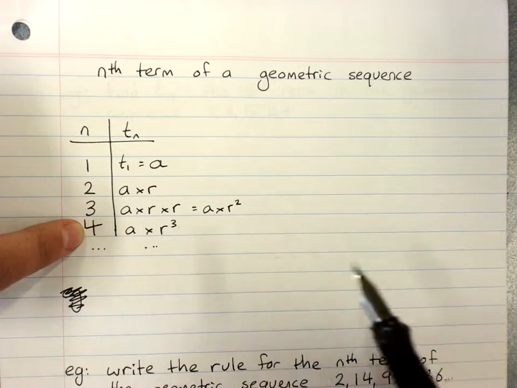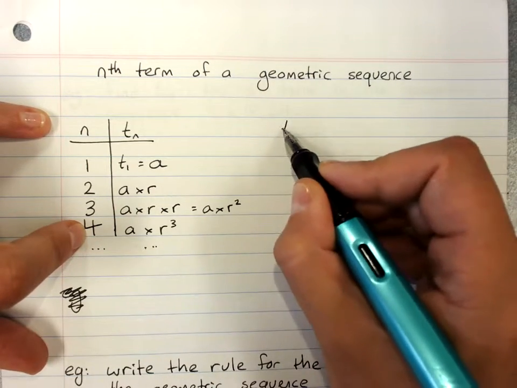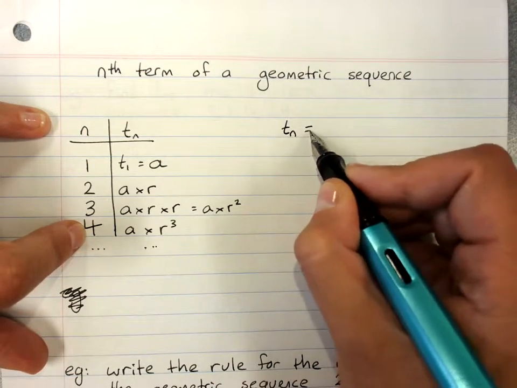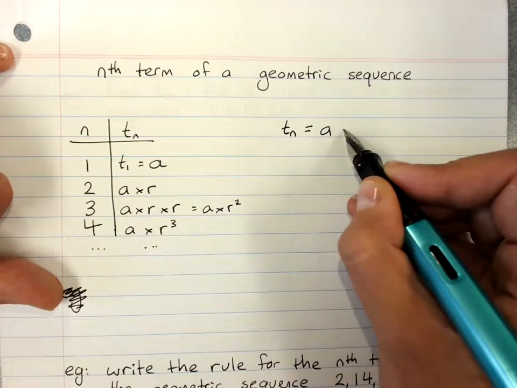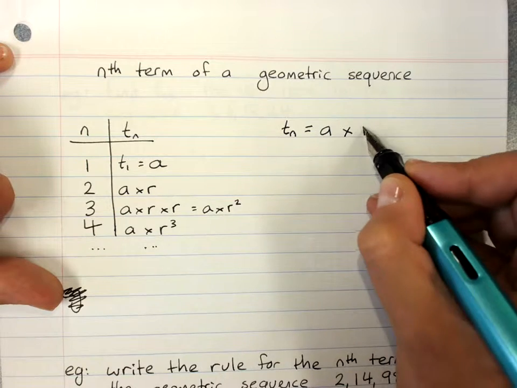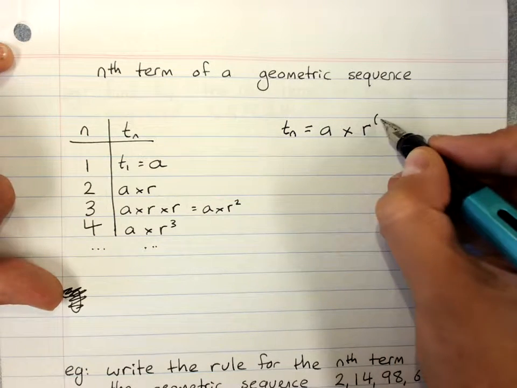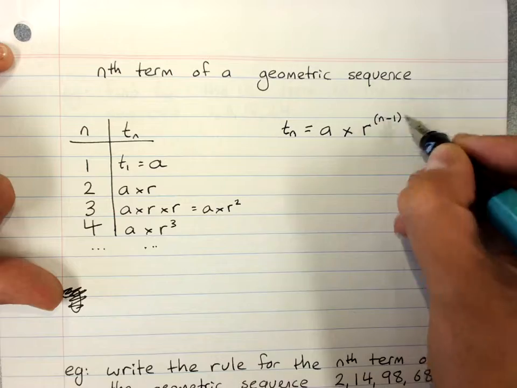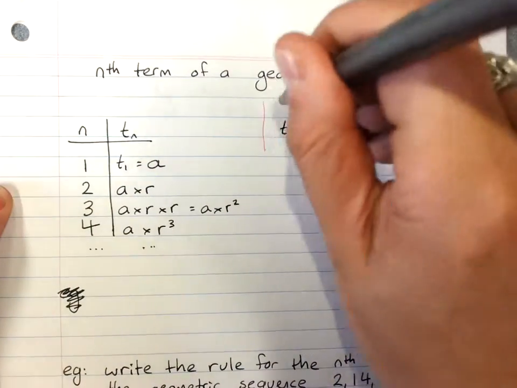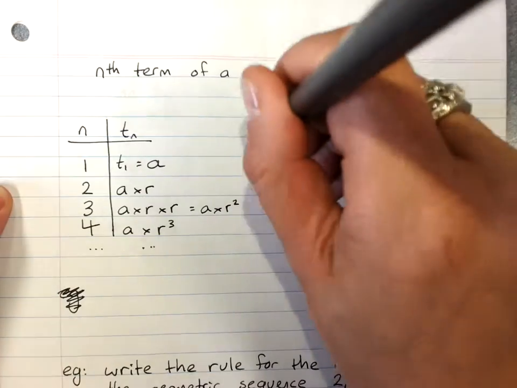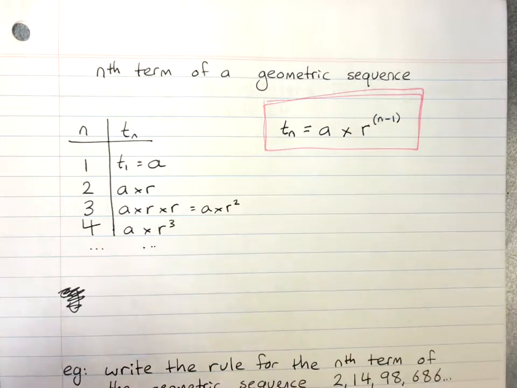which means that the rule for the nth term of a geometric sequence is a, the first term, times r to the power of n-1. And this is the very important rule for the nth term of a geometric sequence.